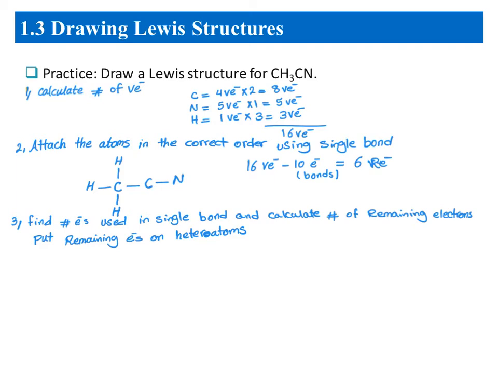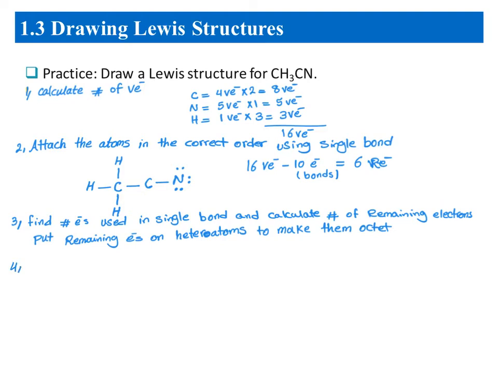So we put these remaining electrons on heteroatoms to make them octet. So my heteroatom here is nitrogen. So I need to put the remaining electrons on nitrogen first. Do not exceed octet. So 6 remaining electrons, I use 2, 4, 6. That's it. Nitrogen is octet.